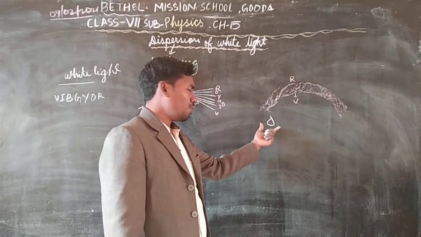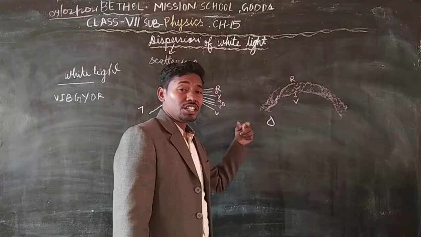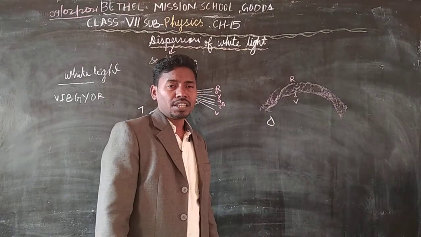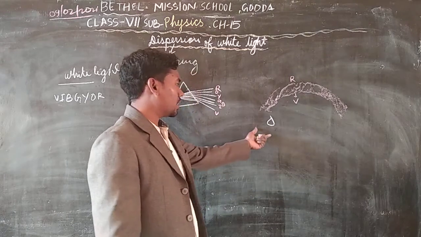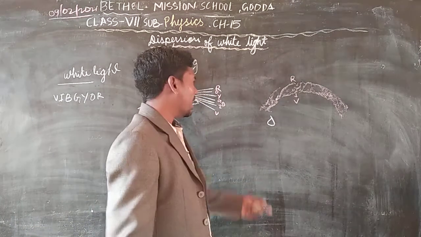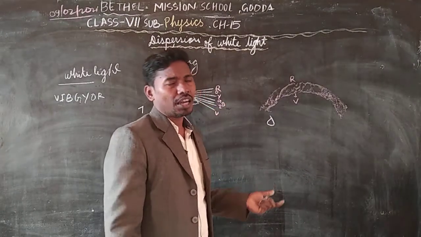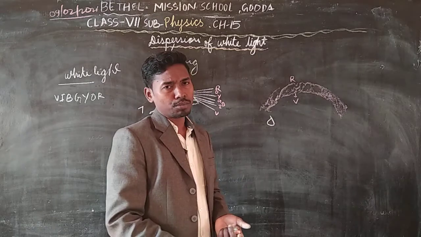Therefore, when a ray of light passes through it, it disperses white light. It acts as a prism and scatters the light into 7 parts, and the rainbow is formed.